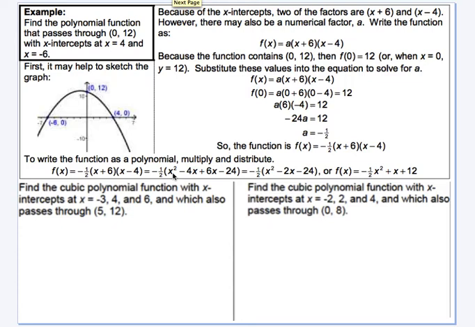All right, so the next page of your notes that we're going to go over is just talking about how, if you have factor terms, you can find out what your leading coefficient is if you have one other set of variables in the equation. So in this example, you have an x-intercept at -6 and an x-intercept at 4.